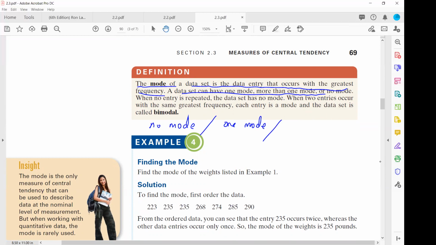You might have two numbers with the exact same frequency. In this case, we have a bimodal set. If you have more than two numbers with the same frequency, you call it multimodal. So: no mode, one mode, bimodal, or multimodal.